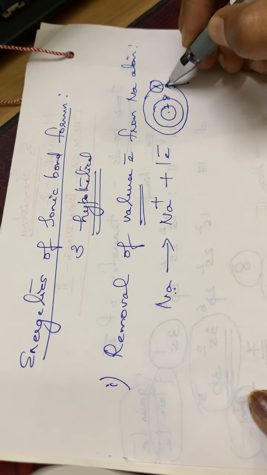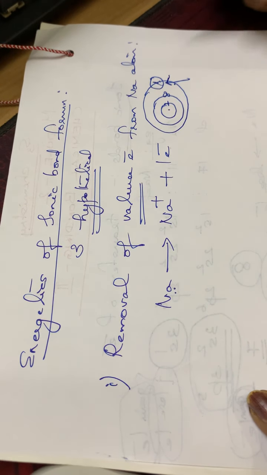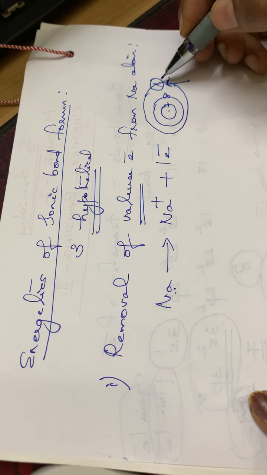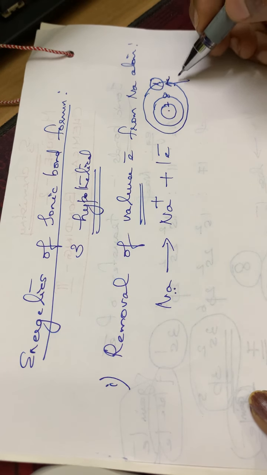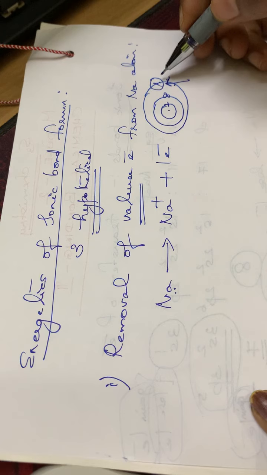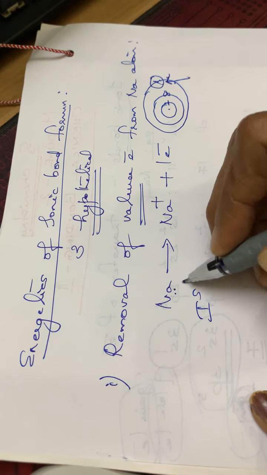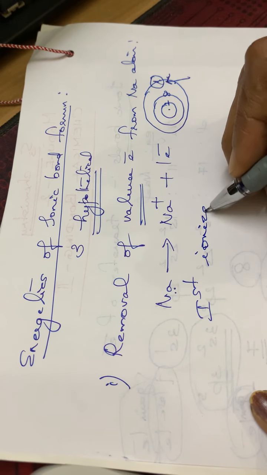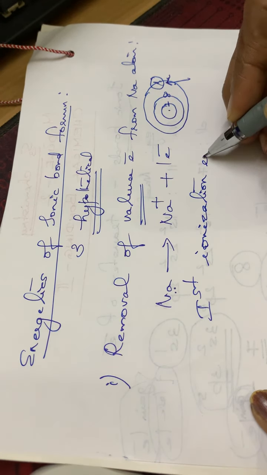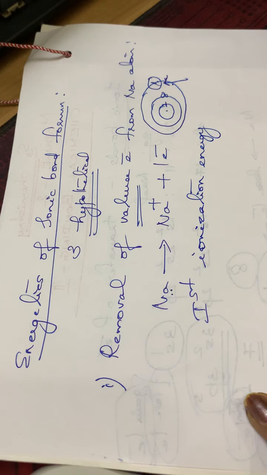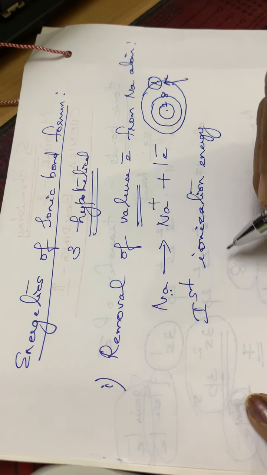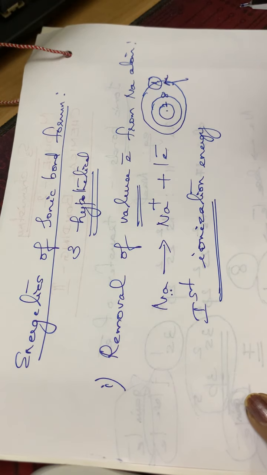This energy supplied to remove the valence electron is called the first ionization energy. The energy required to remove the valence shell electron from an atom is called the first ionization energy of that particular atom.